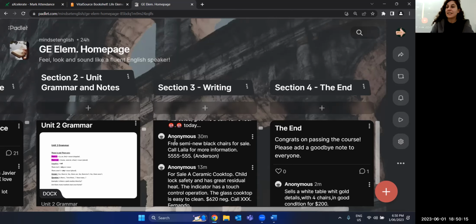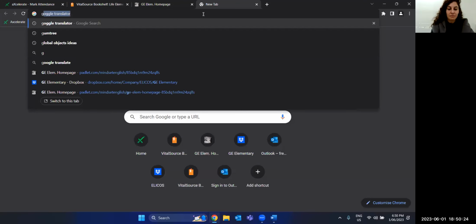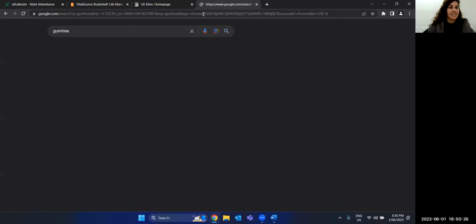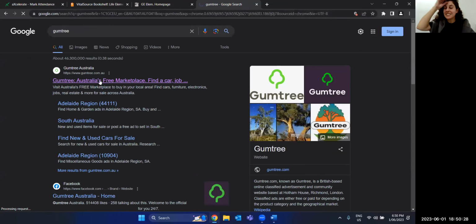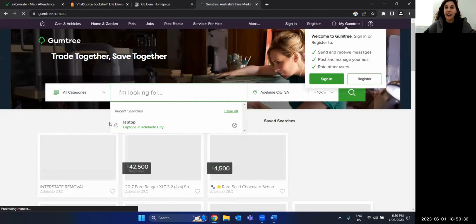So take notice the next time when you want to buy something. I've shown you in Australia, we use Gumtree. Joanna has experience using Gumtree, so we can ask Joanna for help if we need. Take notice of the ad that you see next time. Take notice of the English that's used, the title.